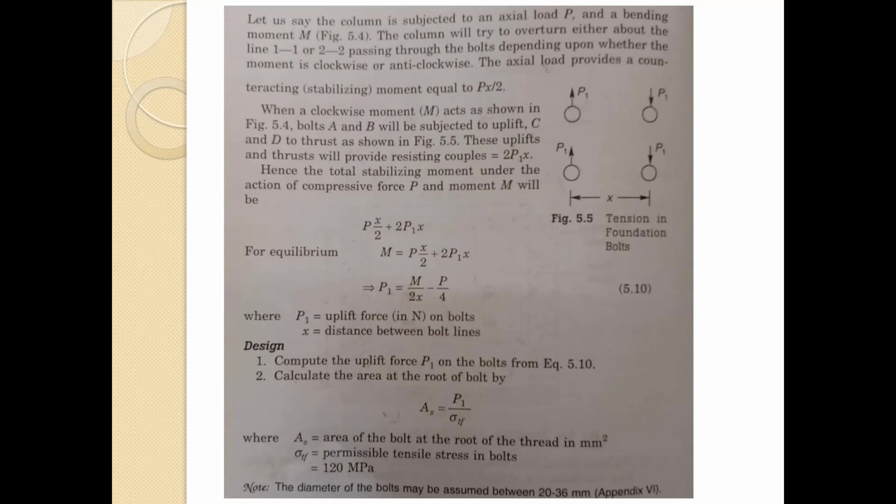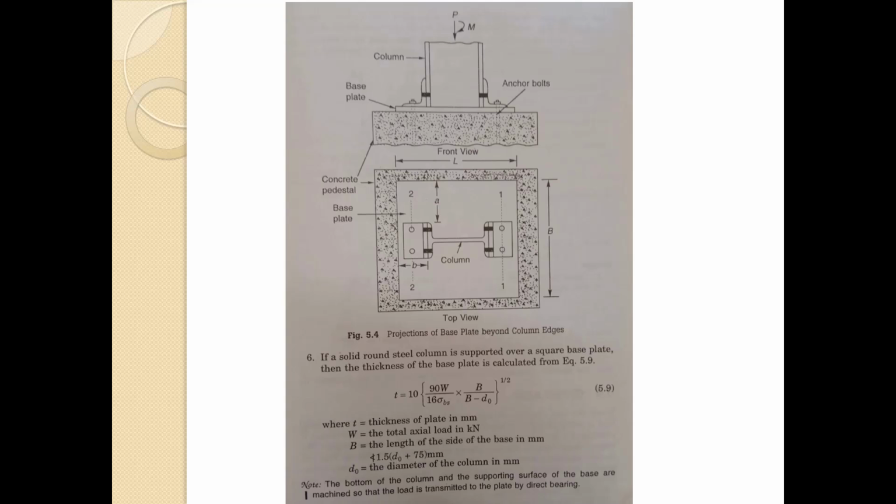The axial load provides a counteracting stabilizing moment that equals Px divided by 2. So when the clockwise moment acts as shown here, you can see this is the force and this is the moment.